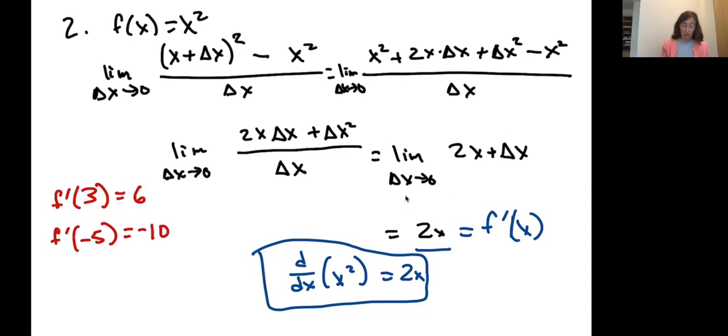So we could put numbers into the derivative function and get values for the slope of the original function. In saying that the derivative of f at 3 is 6, what we're saying is that the slope of x squared at the point x equals 3 is 6. At the point x equals -5, the original function, y equals x squared, has a slope of -10.